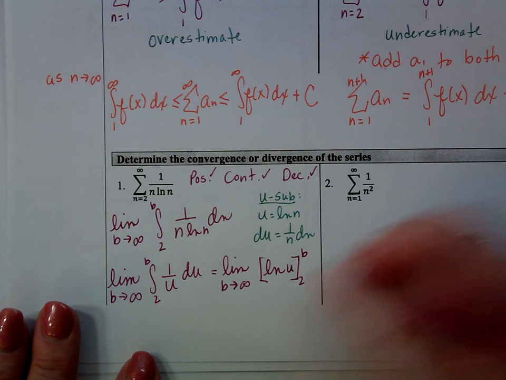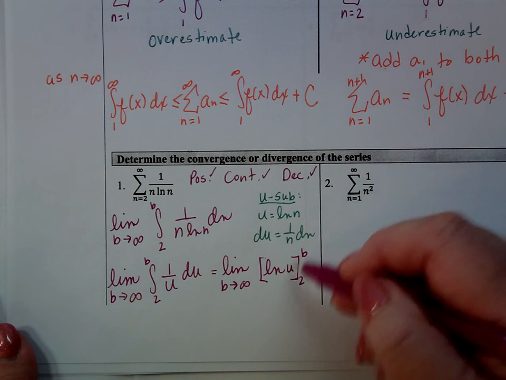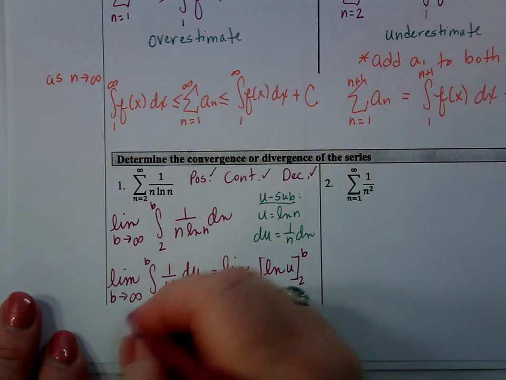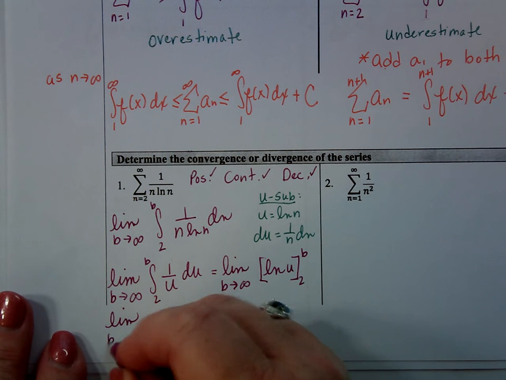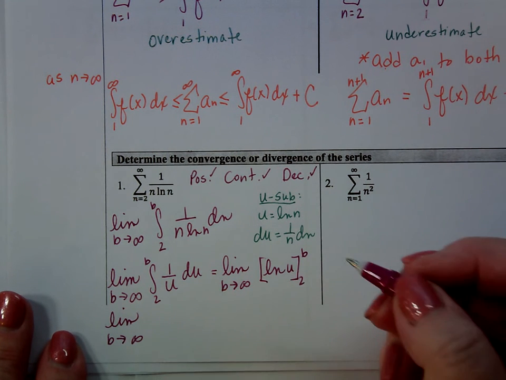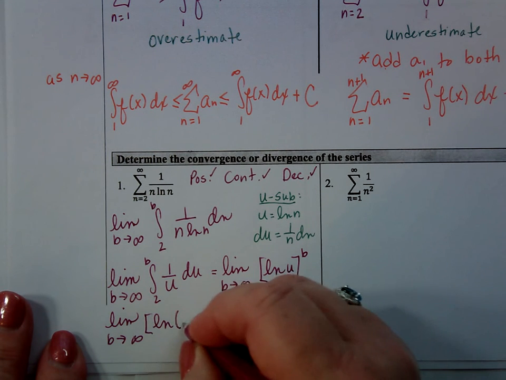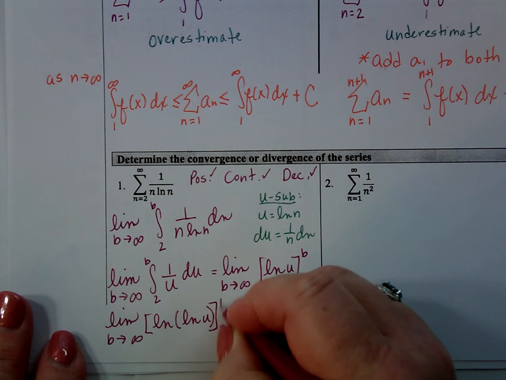But what is u? U is the ln of n. So I'm going to substitute that back in, so I'm not going to change the bounds. So here's where I'm at next. The limit as b approaches infinity of the ln of u going from 2 to b, infinity.